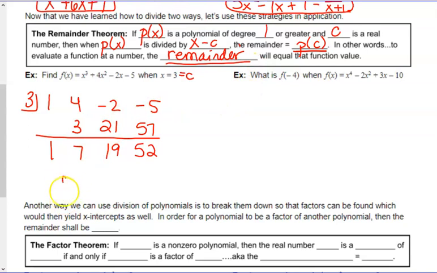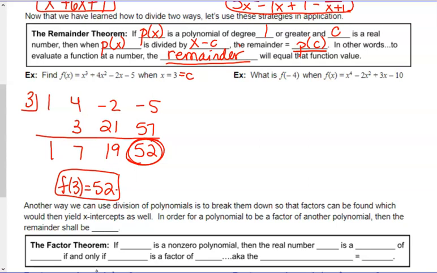If I say to find that function value when x equals 3, all I care about is that number. So instead of cubing, squaring, multiplying by 4, multiplying by 2, and then adding and subtracting all those values together, I can do this real basic synthetic division, steal the remainder, and that is my answer.